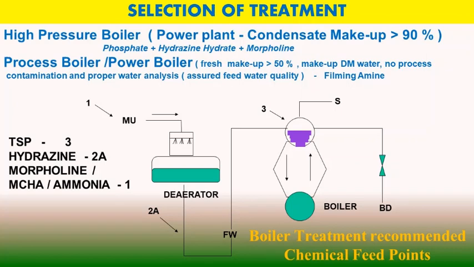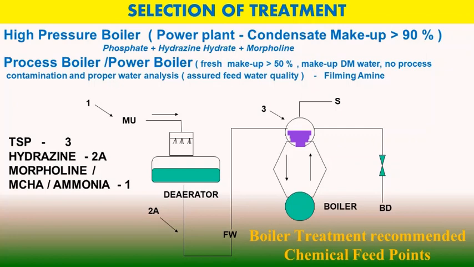For high pressure boilers where we have condensate makeup that is added more than 90%, the treatment process is phosphate plus hydrazine hydrate plus morpholine. And for low pressure boilers or power boilers, comparatively process boilers, where we have fresh makeup of more than 50% and we are using DM water, there we use filming amine as the process to treat the water.